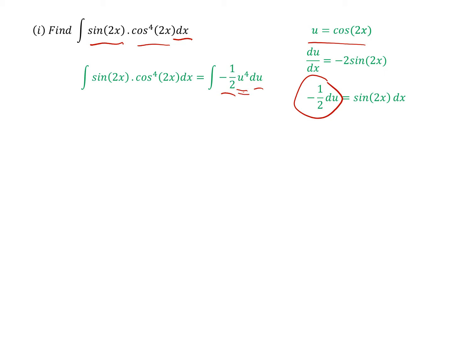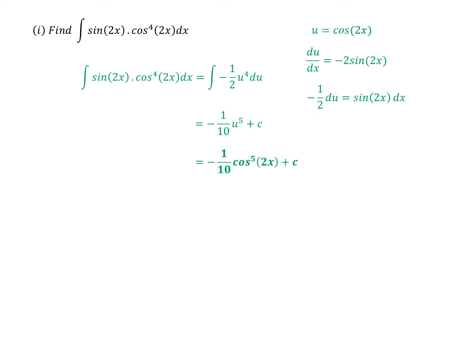That's in the middle there. So then we can do this integration by increasing the power and dividing by the new power, and that gives us that, replacing the u with cos 2x. So that's the answer to this first part of the question.